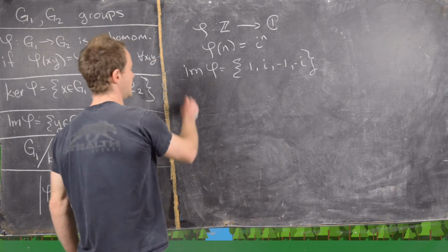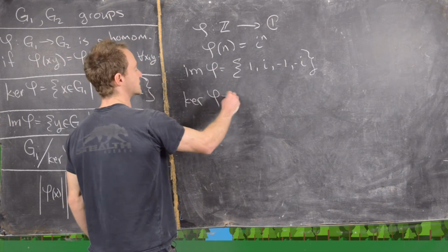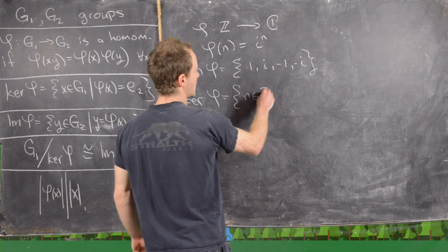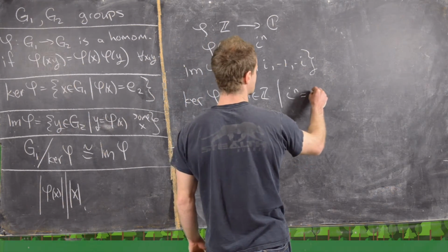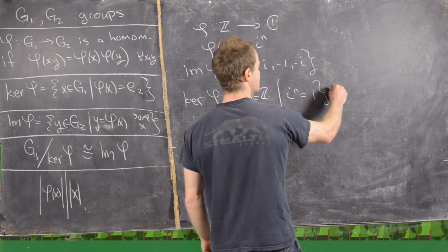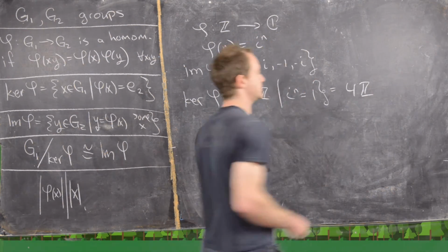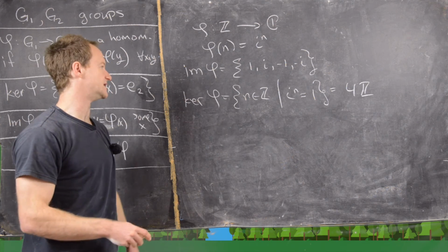Okay, great. And then notice the kernel of phi, so that's going to be all n in the integers such that i to the n is equal to the number 1. So that's equal to all multiples of 4. That's easy to check.